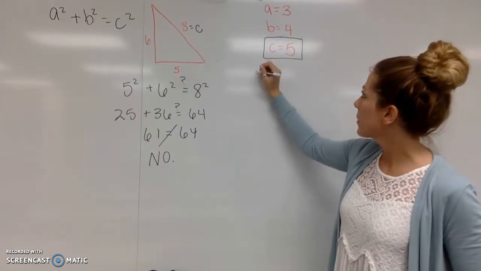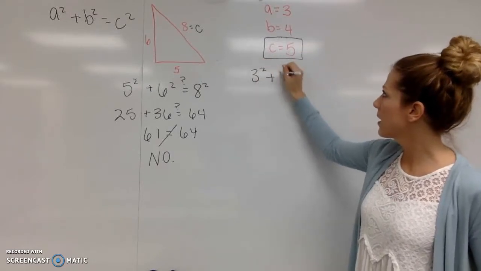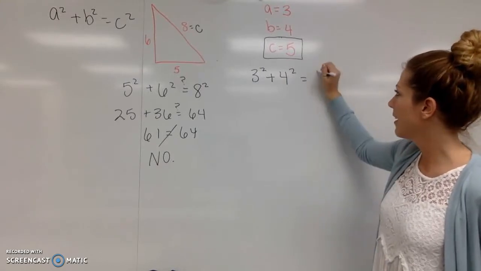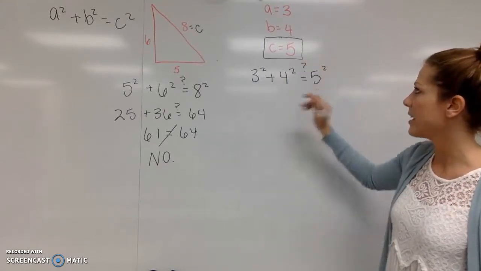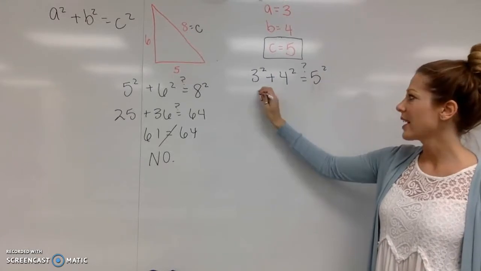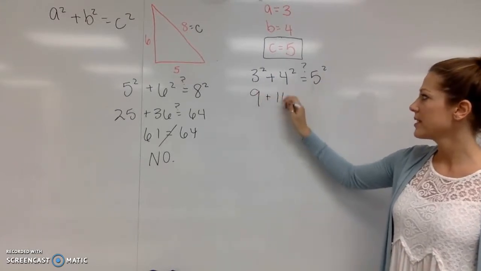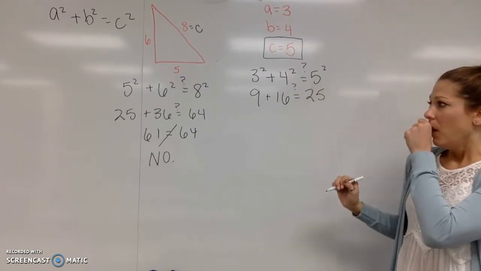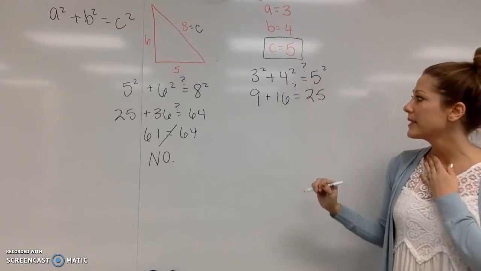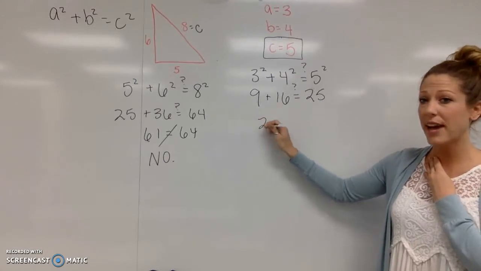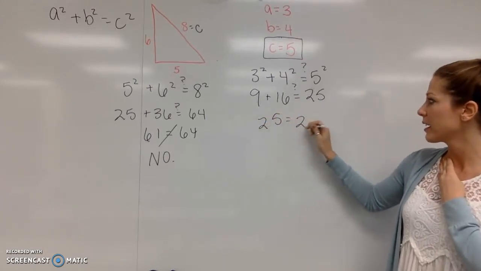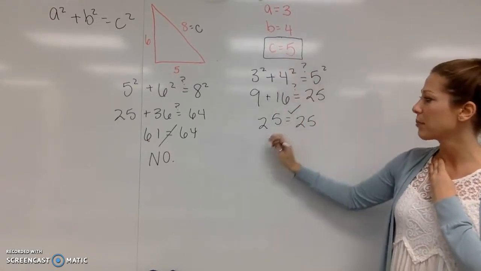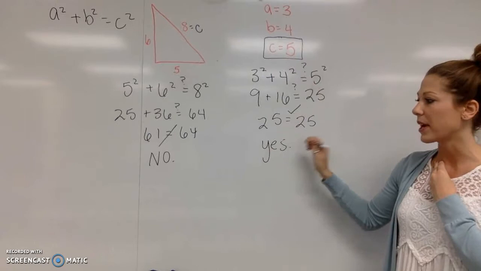So we'll do a squared plus b squared equals c squared, 5 squared, and see if that does work. 3 squared is 9, 4 squared is 16, 5 squared is 25. If we take 9 plus 16, we do get 25. So in this case, the Pythagorean theorem does work, and that means this set of numbers does in fact make a right triangle.